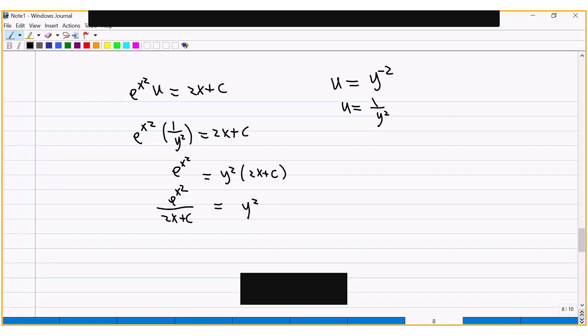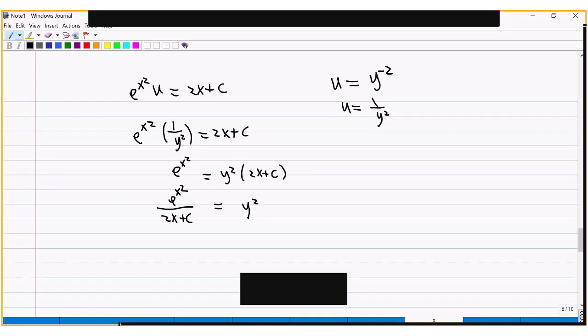So this is how you answer example 3. So let's see if anybody got a question. We can see the notes again. Anyone?